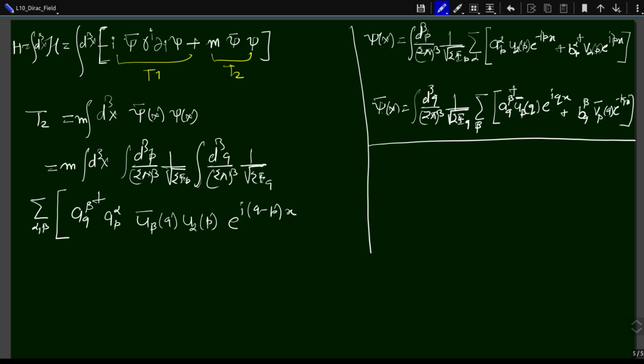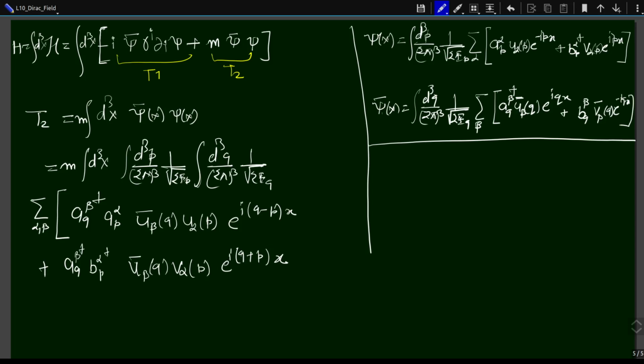Now let's continue with the first term of psi bar and the second term of psi. This will have A_Q beta dagger, B_P alpha dagger, U bar beta of Q, V alpha of P, exponential i (Q plus P) dot x.